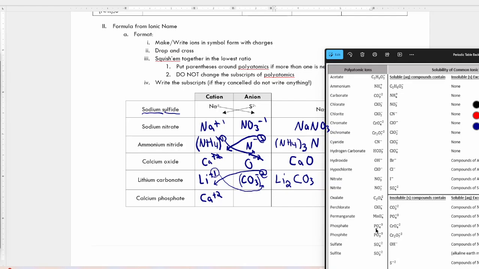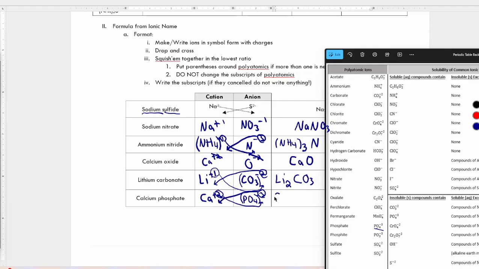Phosphate is PO4 -3. Do these numbers match? 2 and 3? No, they do not. Then we're going to do crisscross applesauce. I'm going to put this in parentheses just in case. This 2 goes outside of that parentheses. This 3 goes down here.